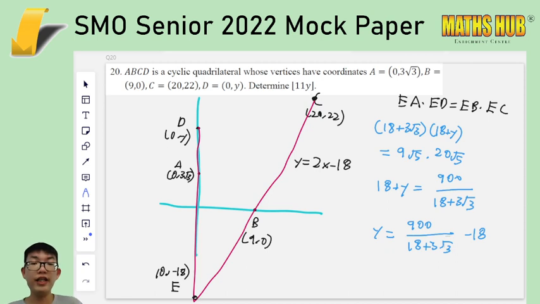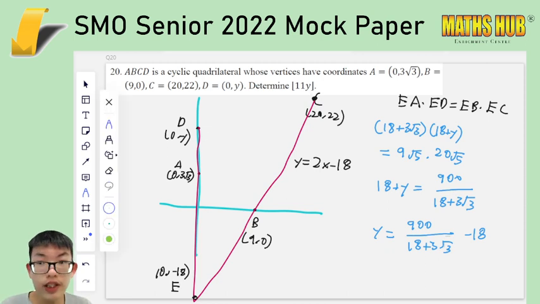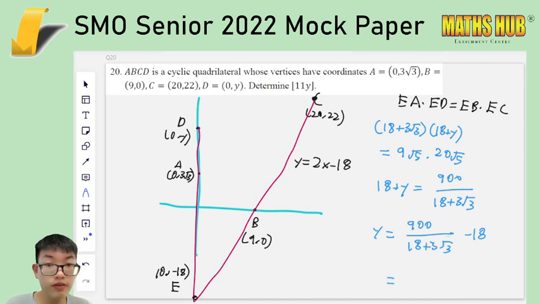Presumably one would gather you need to rationalize it in order to estimate it well enough. So if you did that, I will leave the details to you. Rationalizing the denominator as usual, just multiply by 18 minus 3 root 3. Simplify all of it. It cancels off surprisingly nicely. And 1 over 11 will show up, which is really the whole point of why I asked for floor of 11y.